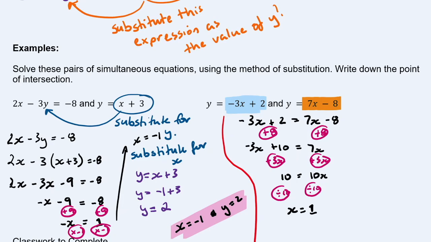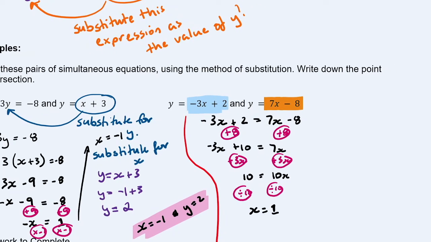Now I substitute that 1 into one of my equations to get y. So I substitute for x. I'm just going to pick the second equation there, y equals 7x minus 8. It's going to be a little bit easier to work with. And now I substitute in the 1.